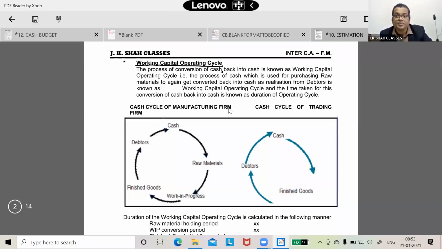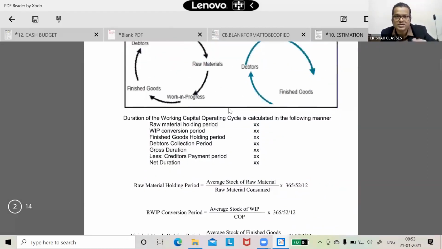That is the process of cash which is used for purchasing raw material to again get converted back into cash, as realization from debtors, is known as the working capital operating cycle. And the time taken for this conversion of cash back into cash is known as its duration. And whatever we discussed, now you will see it over here. See our example. Raw material holding period, we said 1 month.